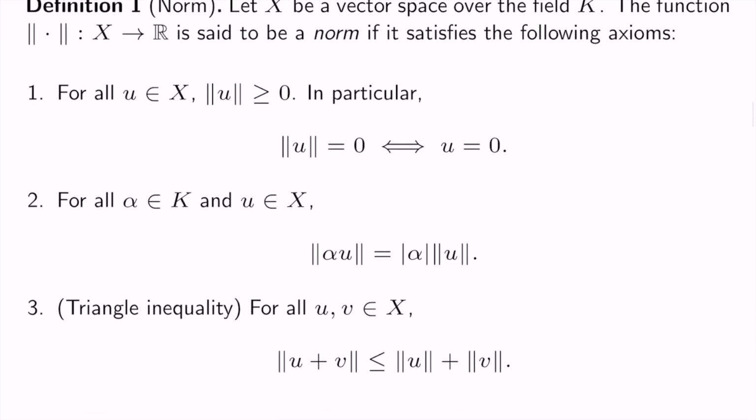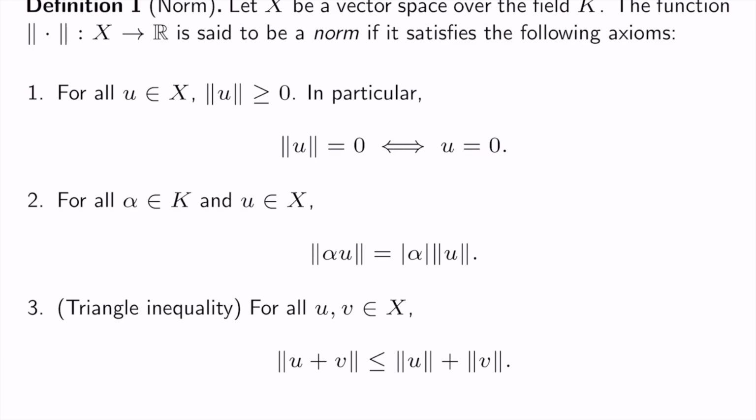First, for all elements u of X, the norm of u is greater than or equal to 0. It's non-negative. And in particular, if the norm of u is 0, that means u is 0 and vice versa.